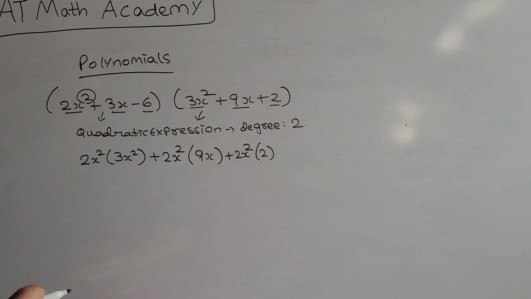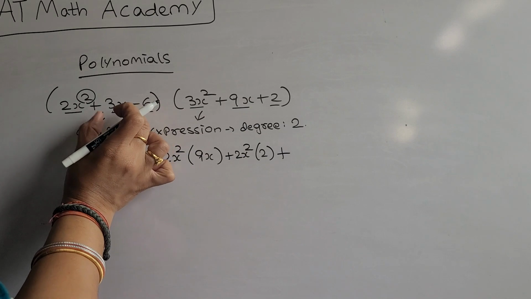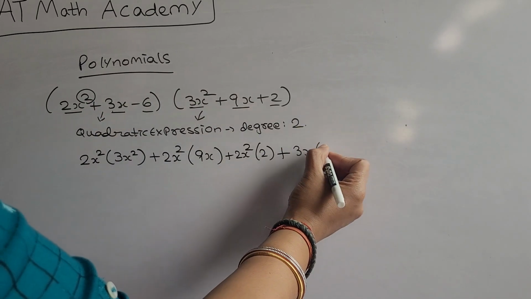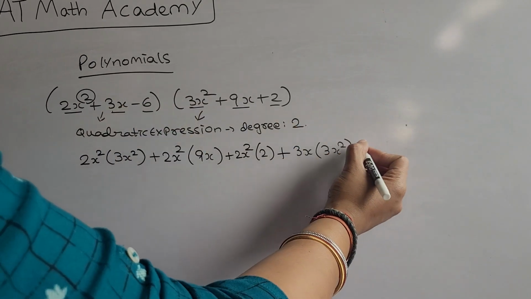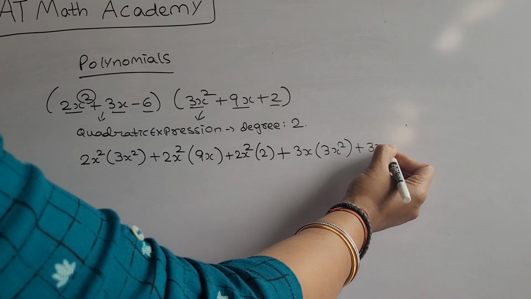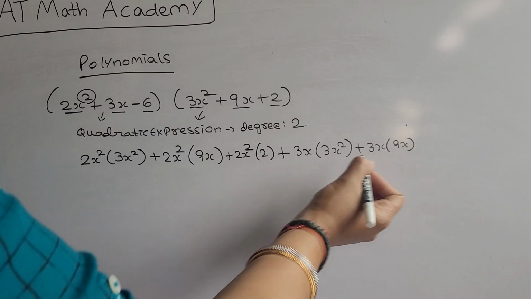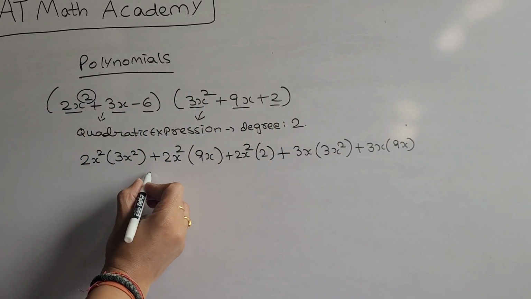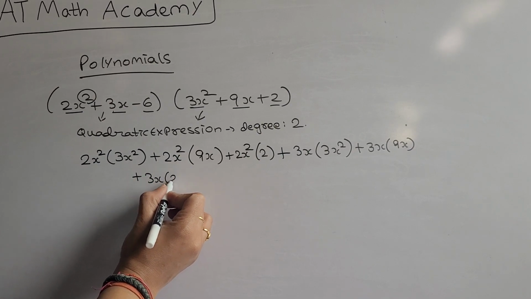Now I'm going forward with the second term. The second term is 3x, so 3x multiplied with the first term 3x², and plus 3x multiplied with the second term 9x, and I have one more term, 2, so plus 3x multiplied with 2.